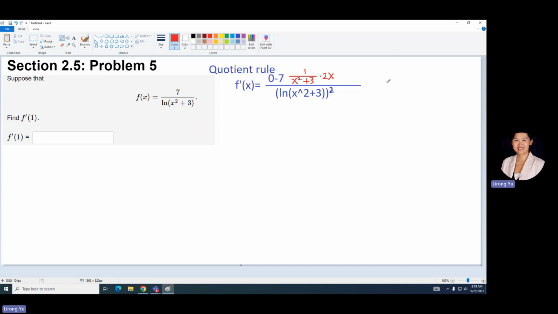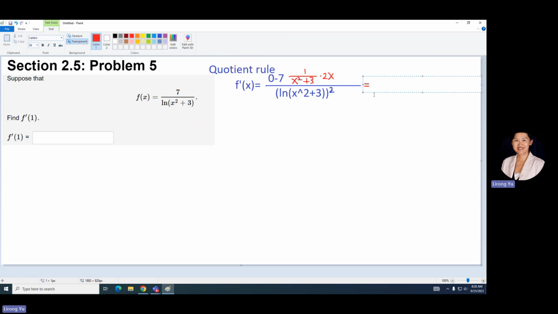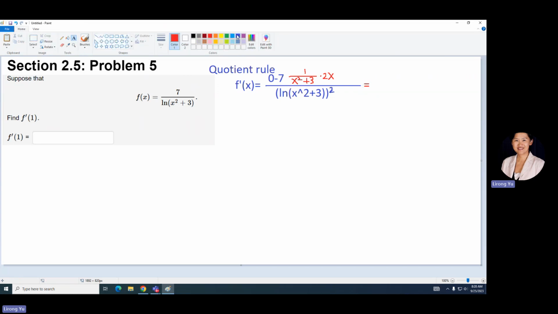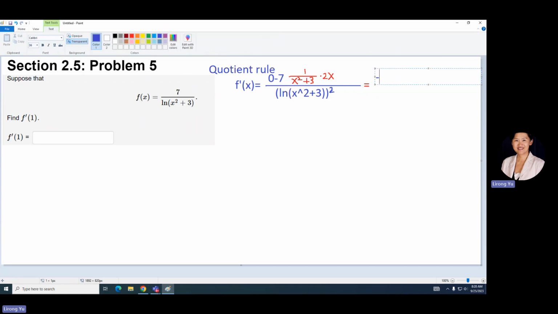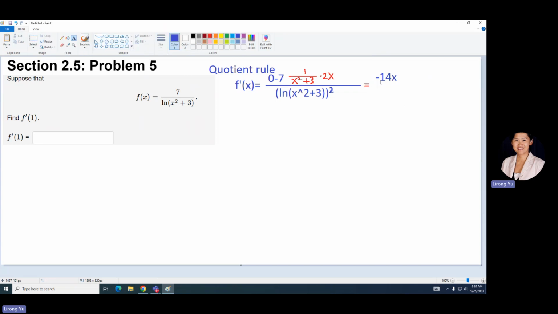It's applying the quotient rule, so we have a fraction inside the fraction. We call this a complex fraction. Normally, if you have a complex fraction, you would try to simplify it into a proper fraction. Thus, -7 will multiply the 2x. That gives you -14x. That is the numerator. So this is going to equal, the numerator is -14x, that's 7 times 2x.